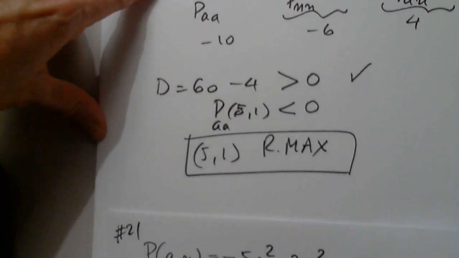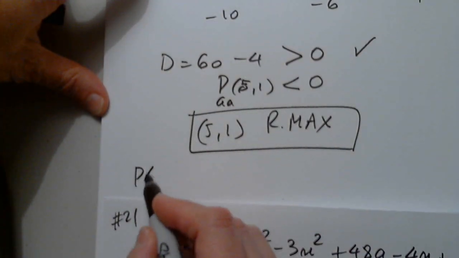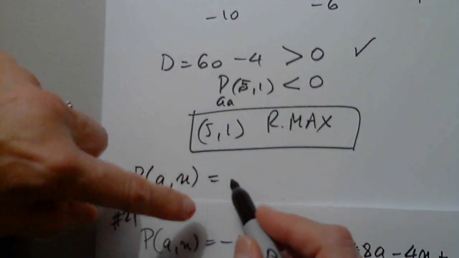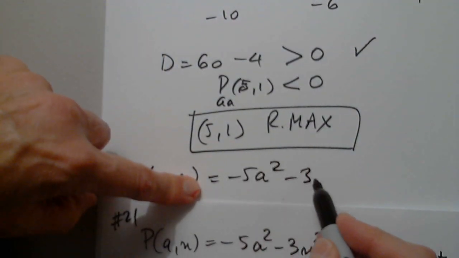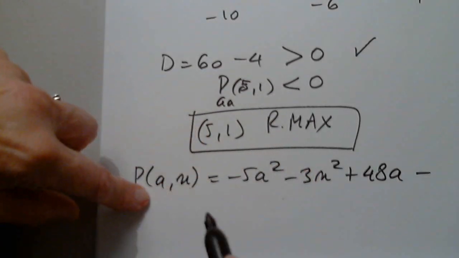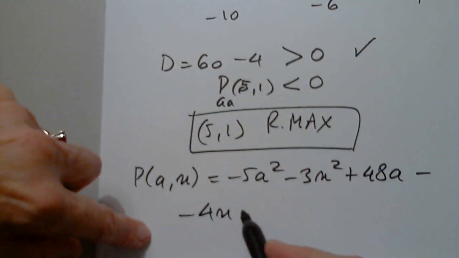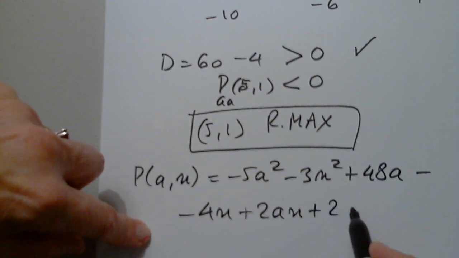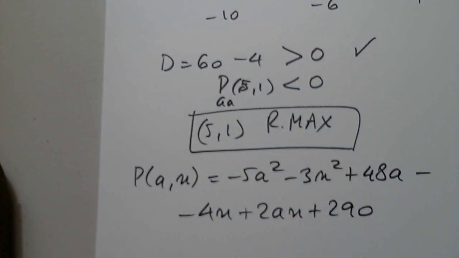What is the relative max? I don't know. I have to copy P here: negative 5a squared minus 3n squared plus 48a minus 4n plus 2an plus 290, and plug it in.